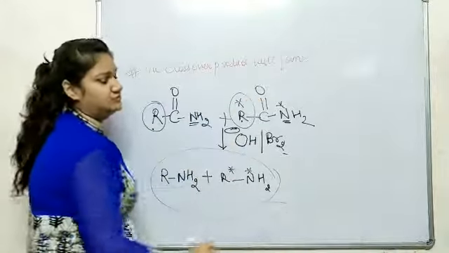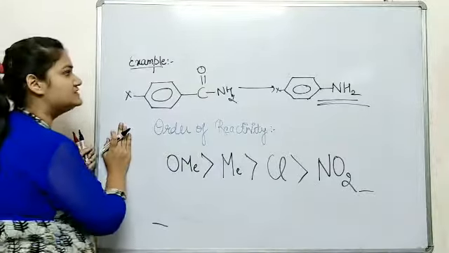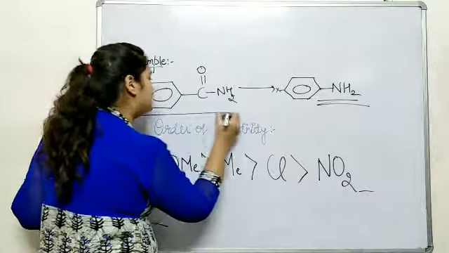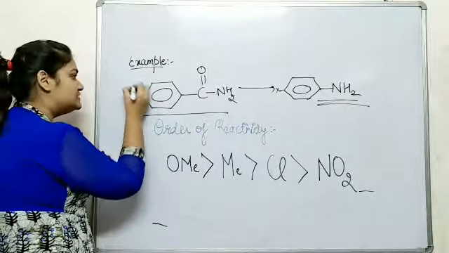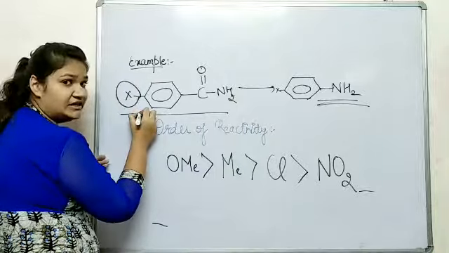crossover product formation. Further, we will study the next example in which we will study what will be the effect of this group X on the rate of the reaction.